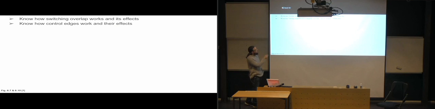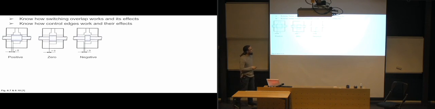The switching overlap and the control edges affect the positions of the slide valve quite a bit. We have the possibility of having a positive overlap, which basically means you have to move the slide a lot further before it actually opens up, because you have that overlap, so you have to make sure that it moves all the way over before it opens up.